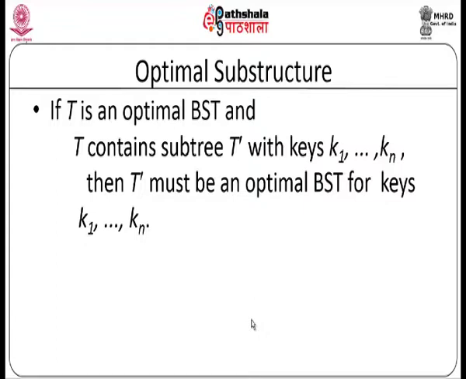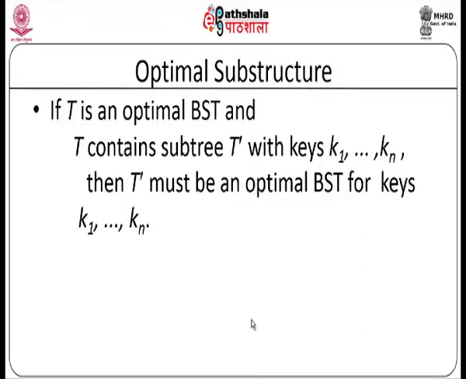In other words, if T is an optimal BST, and if we construct a subtree T prime with keys k 1 to k n, then T prime is also an optimal BST for keys k 1 to k n. So, the optimal principle holds good for this particular thing.